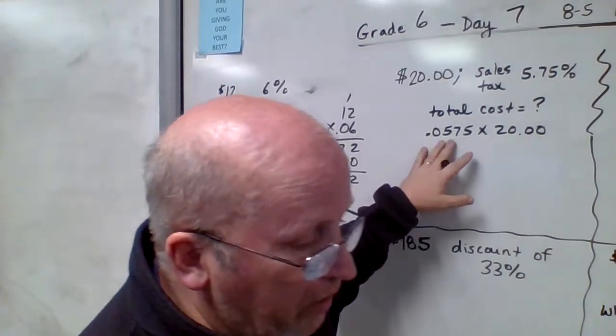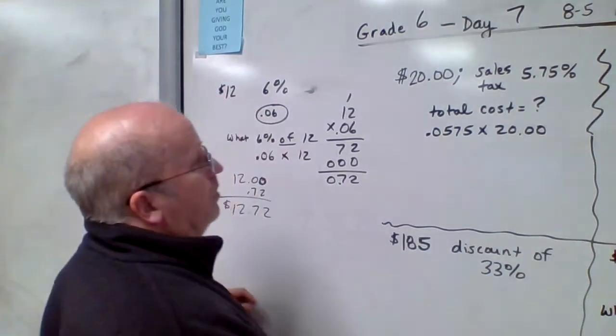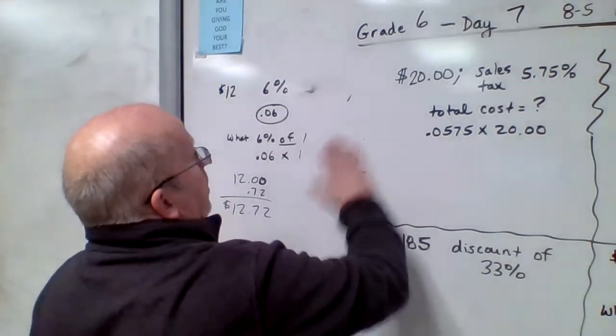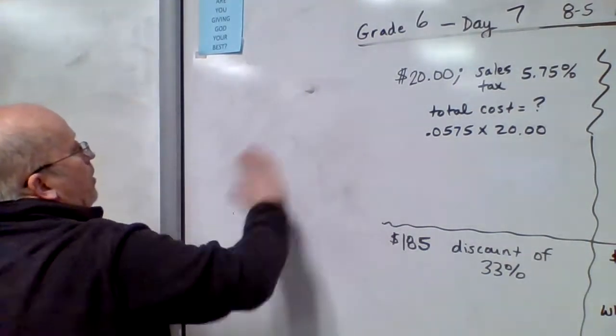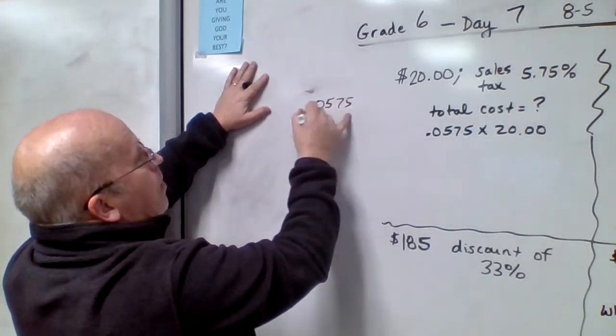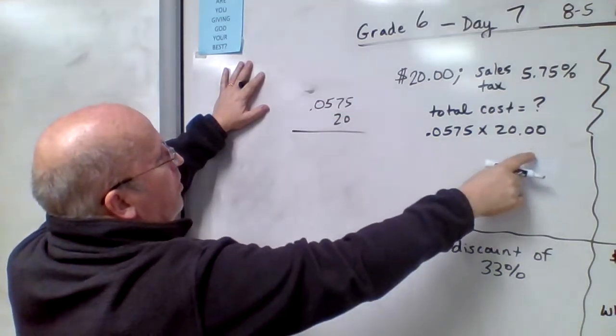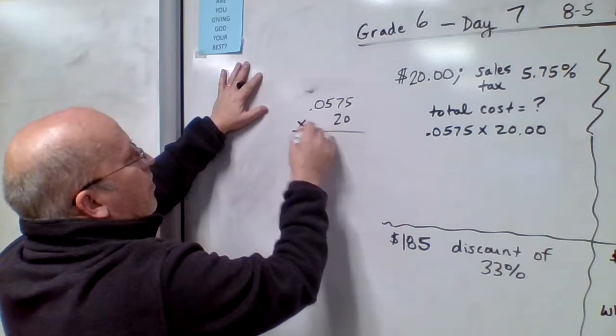The next thing we need to do is multiply this number times this number. I'm going to erase this to get it out of the way. I don't need the decimal point and the 2 zeros at the end there.